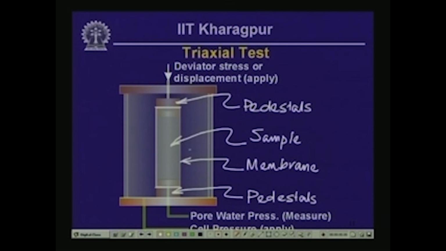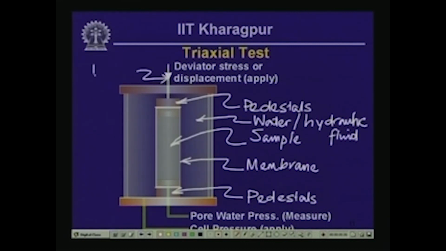and then we enclose this element within a bath of water or hydraulic fluid, and this particular fluid is pressurized, and we then through a plunger near the top apply a deviator stress, or a stress in addition to the cell pressure.